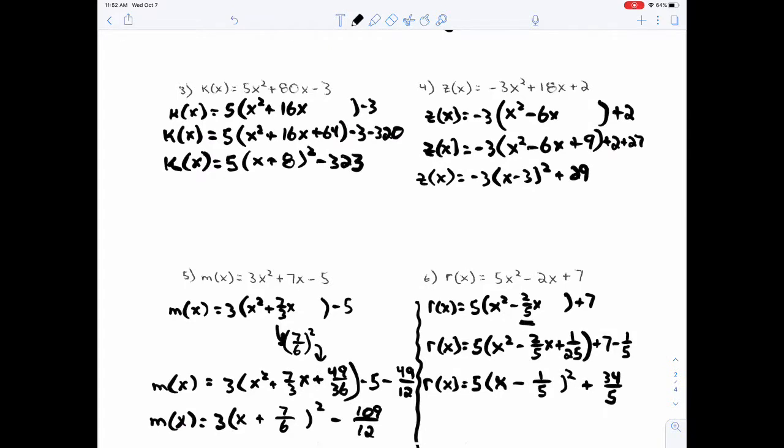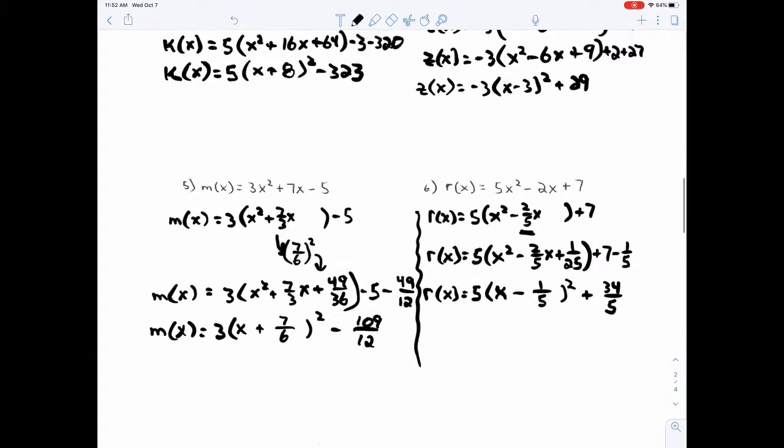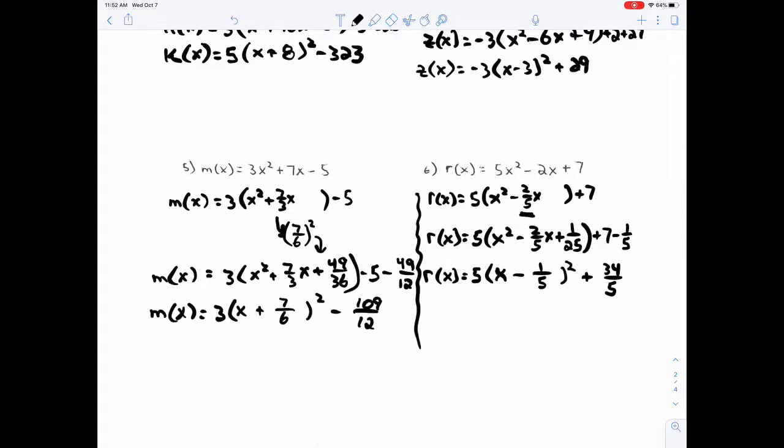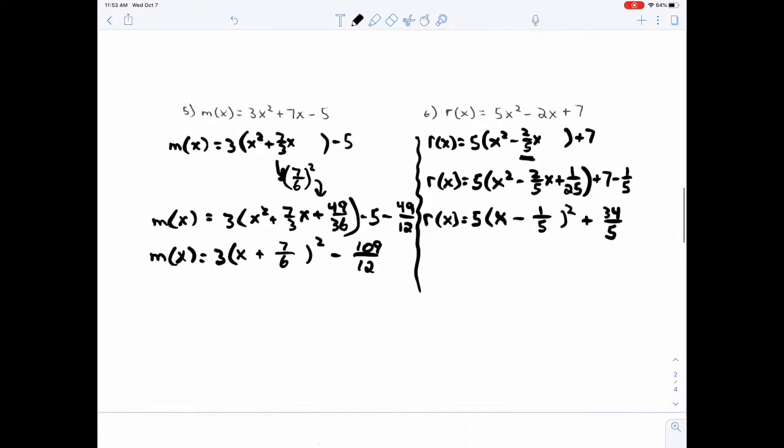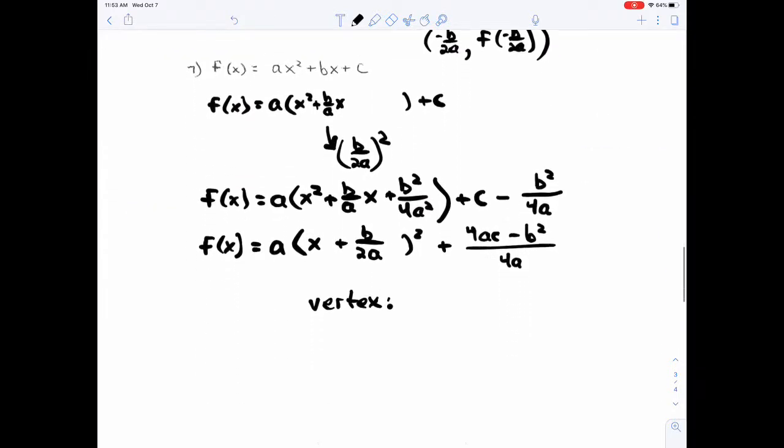It's just the shift. That's all the vertex is. Number 4, what's the vertex? 3, comma, 29. Number 5, what's the vertex? Negative 7/6, comma, negative 109 twelfths. Number 6, what would the vertex be? 1/5, comma, 34 fifths.